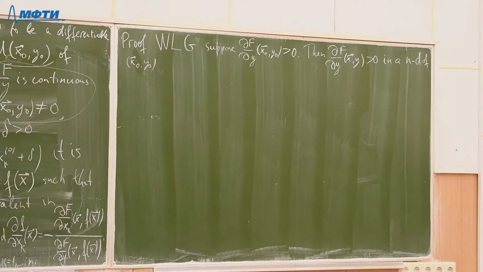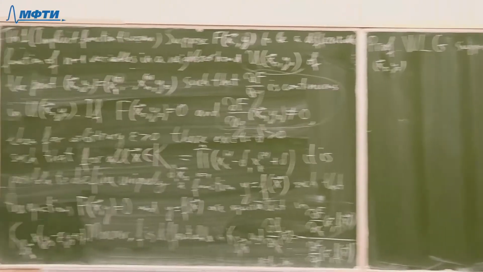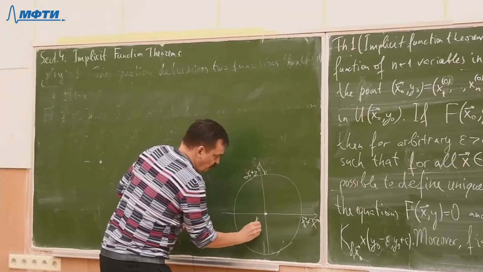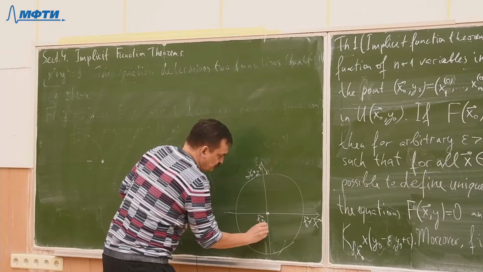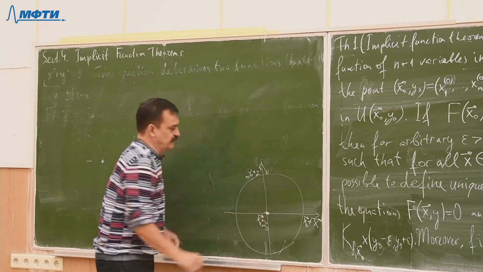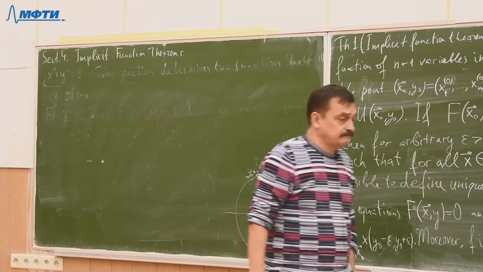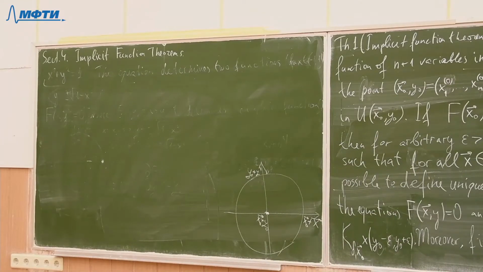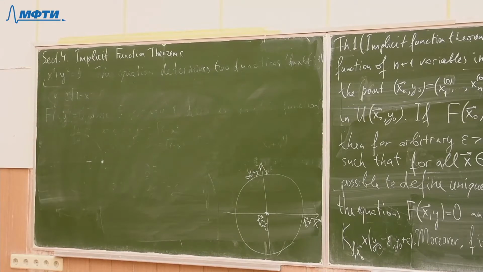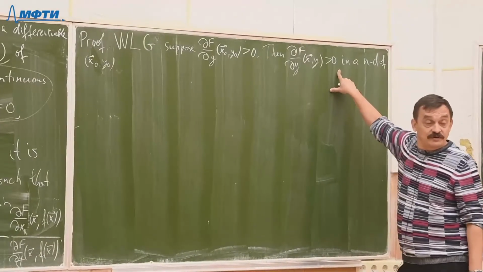So once again, that is the point x naught, y naught. It's here, right? And we consider a smaller neighborhood to be sure that this partial derivative is positive everywhere.